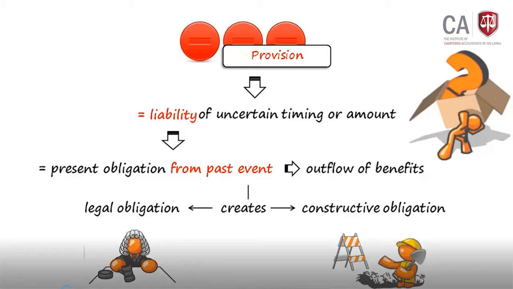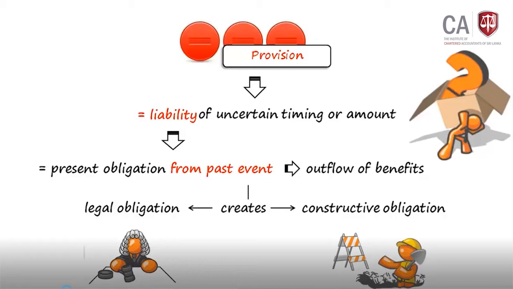But the provision, it's a liability, it satisfies the definition of liability, but the amount and the timing are uncertain. Maybe one or maybe both. Sometimes timing can be uncertain, sometimes the amount can be uncertain, sometimes both can be uncertain. But that satisfies what? Liability.